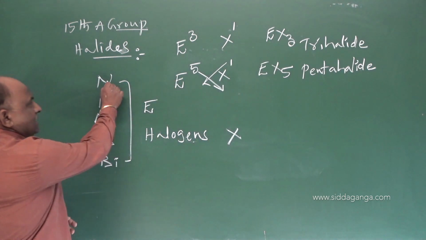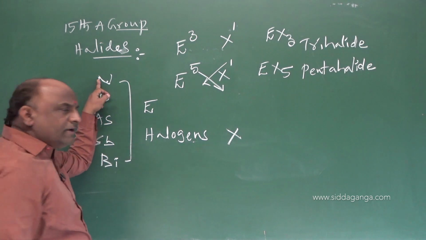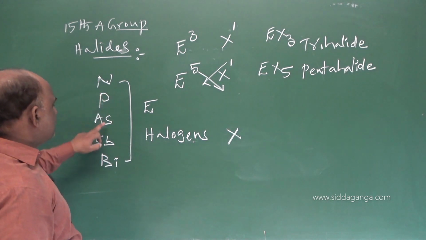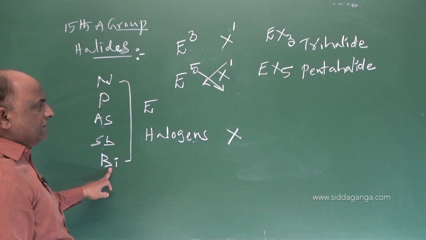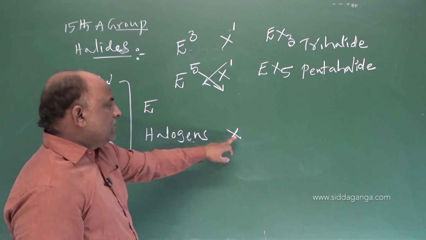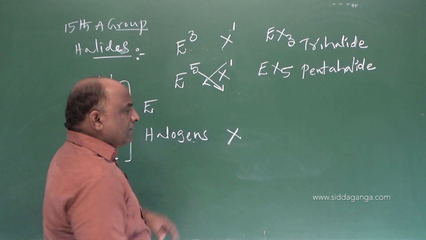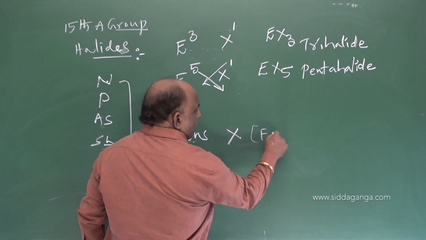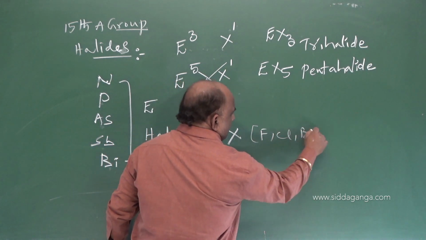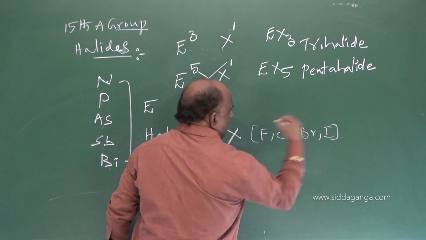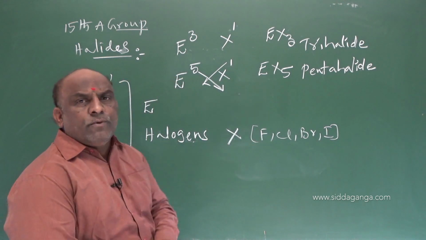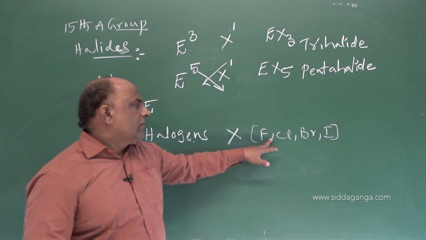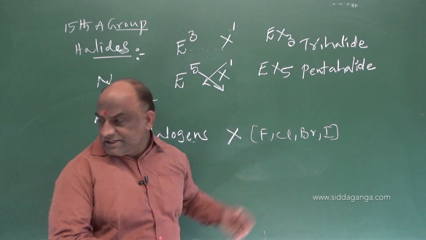What does E stand for? The 15th A group elements: nitrogen, phosphorus, arsenic, antimony, bismuth. Halogens are denoted by X: fluorine, chlorine, bromine, iodine.